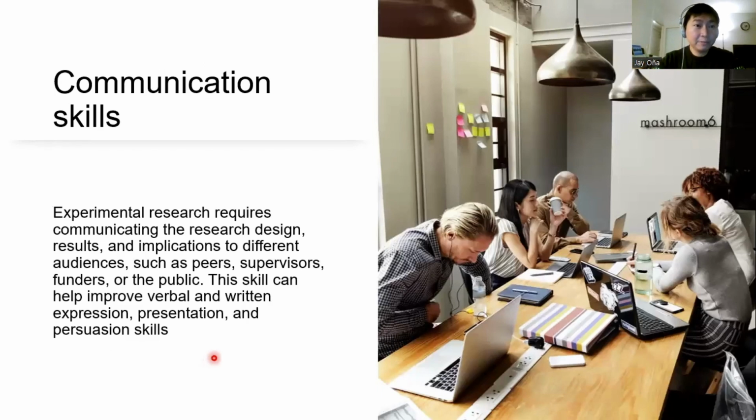Another soft skill that we can develop is communication skills, in that they're able to communicate the research design when they're explaining the experimental design to you or to their peers or to their supervisors and even funders or the general public. So, at the oral defense of the students, this is where it shows how well they are communicating the choice for the experimental techniques, the experimental design, and why they chose to do this over another method.